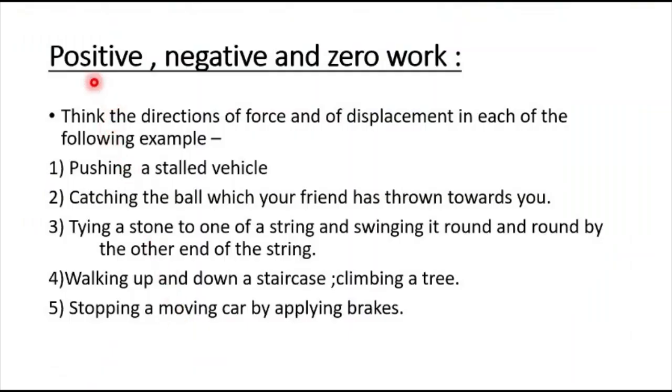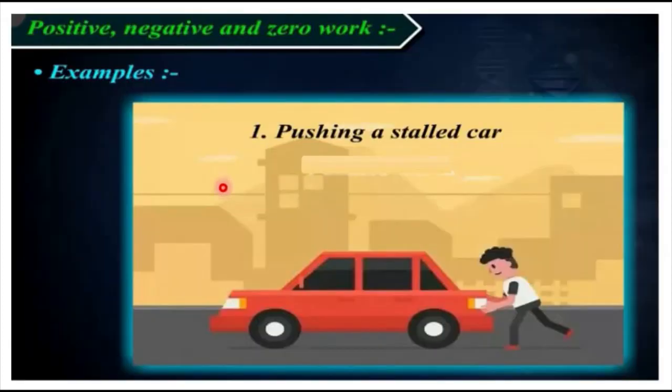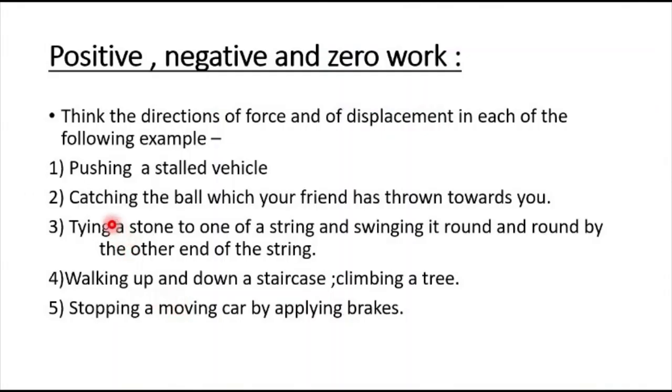Now let's see positive, negative and zero work. Students, think of the directions of force and displacement in each of the following examples. First example, pushing a stalled vehicle. Here, force and displacement are in the same direction. Second example, catching the ball which your friend has thrown towards you.